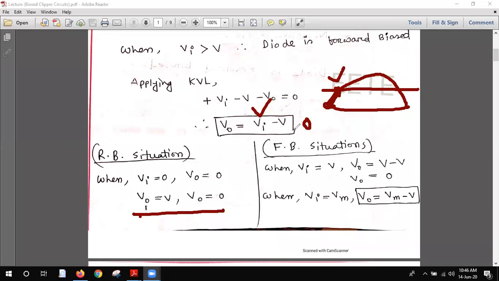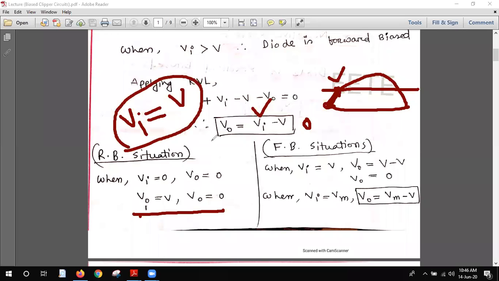You see that is the transition. When Vi is equal to V, if I put this into the output equation, at that time also the output is 0, because that is the transition, the zero point of the changing diode situation.